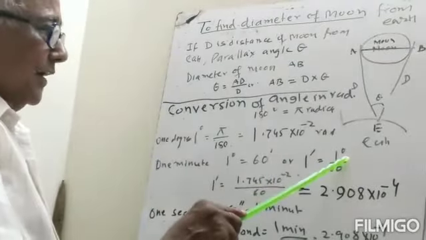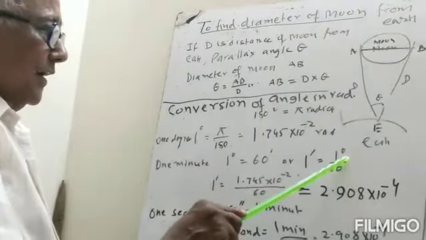So 1 dash will be equal to 1.745 into 10 raised to minus 2, the value of 1 degree, divided by 60. So it will be equal to 2.908 into 10 raised to minus 4 radian. So we have converted 1 minute, which is equal to 2.908 into 10 raised to minus 4 radian.